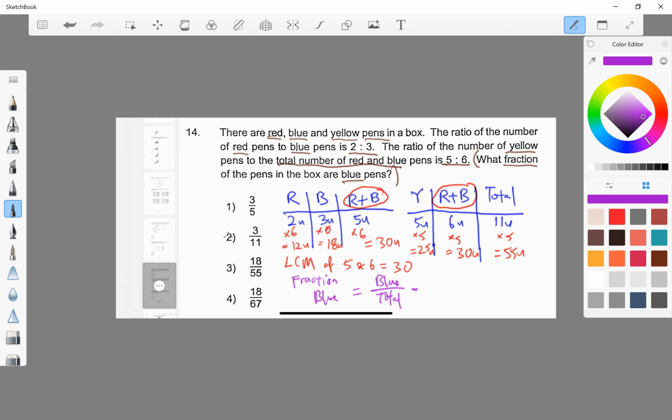And my blue must be 18, okay, as seen in the previous table on the left. Whereas my total refers to yellow plus red plus blue, and that is 55. So finally, I have to ask myself if my answer is in the simplest form, and 18 out of 55, lo and behold, is actually option 3.